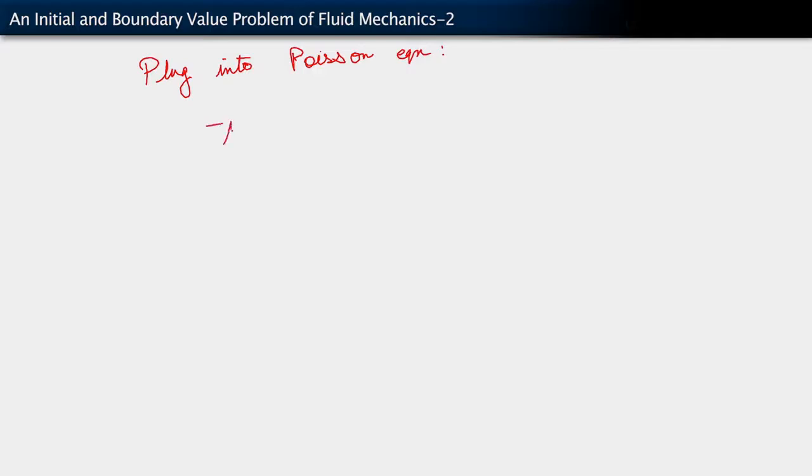Okay, which is minus mu del bar square chi equals g. This implies now that minus mu... Now, if you remember what we had in the previous slide for chi, you apply del bar square to it, you basically get minus 4, equals g.